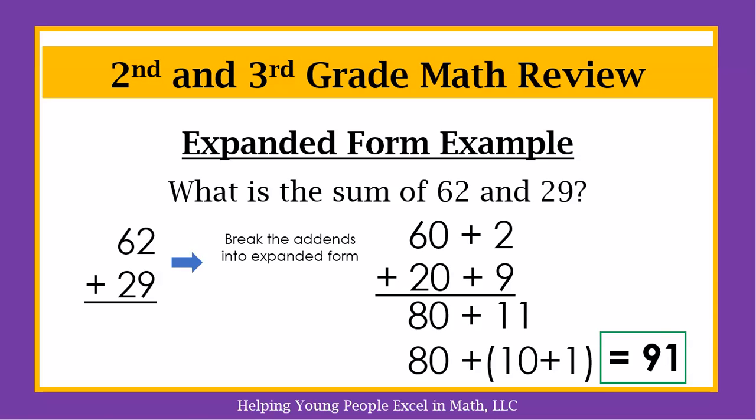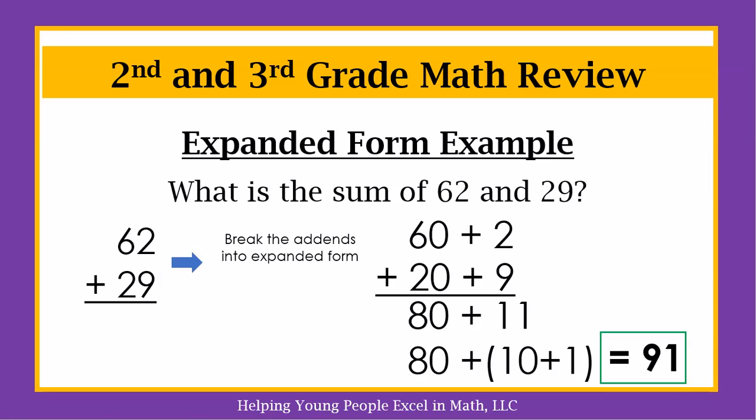What is the sum of 62 and 29? What I am going to do is break the addends up into expanded form. So instead of just 62, we are breaking it up into 60 plus 2. And for 29, it will be 20 plus 9.